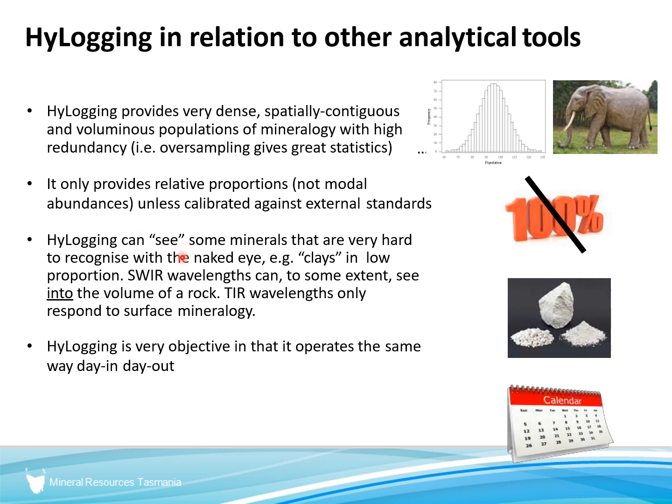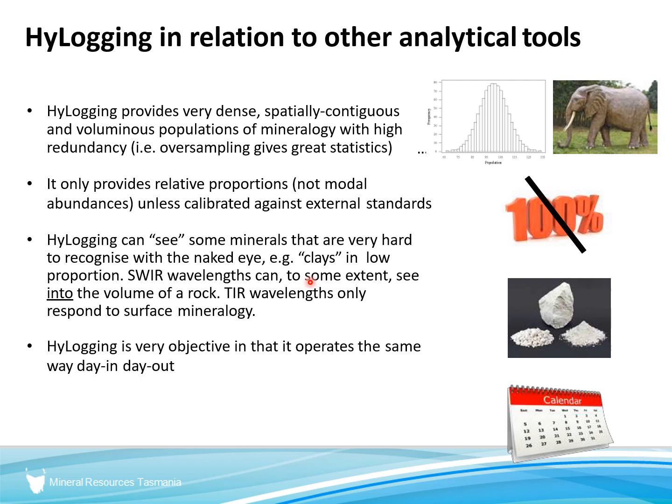Now the HyLogger can see some minerals that are really hard to see otherwise. So the shortwave wavelengths, as I said earlier, go into the rock, interact with it, and come out. So the light will go in, say, a quartz crystal, and it will bounce around inside there and come out again. And all of the light that goes in will come out.